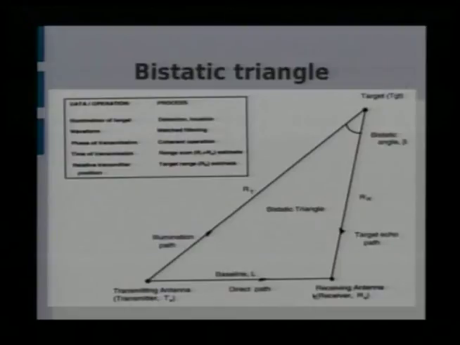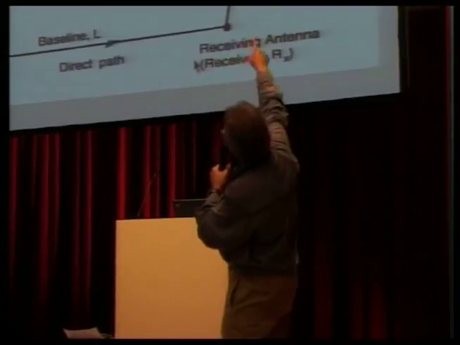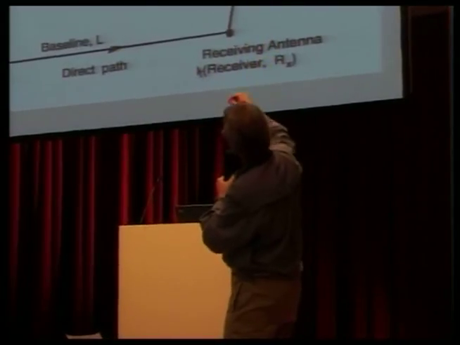Kind of arbitrarily, we could say they're on a horizontal line, and we know how far apart they are. Then we've got this target or targets up here. And so what happens is the receiver sees two signals. It sees the direct path coming off the transmitter, the short way. And then there's this other path, what they're calling the illumination path: the signal goes off the transmitter, bounces off my target, and comes back to the receiver.